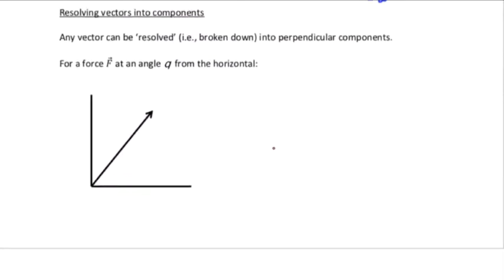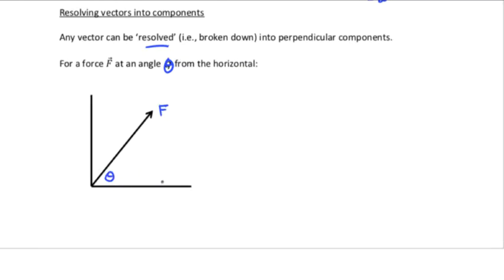Last, let's talk about resolving vectors into components. We can break down or resolve a vector into perpendicular components, and this becomes really important when we're talking about motion in 2 dimensions. So let's imagine that we have a force at an angle theta from the horizontal.